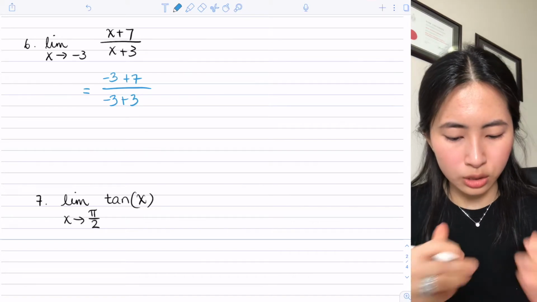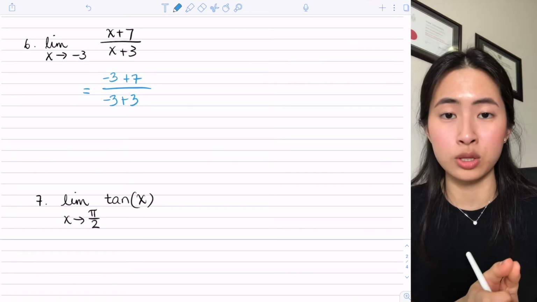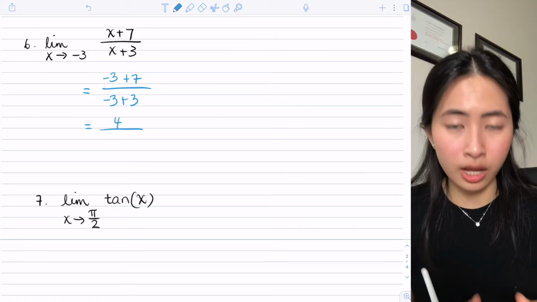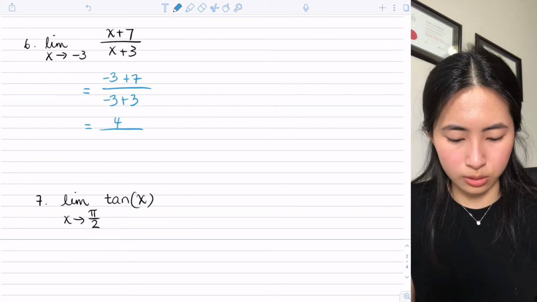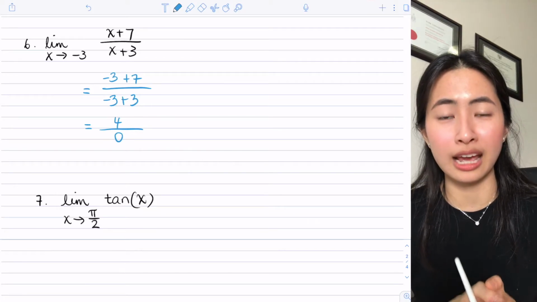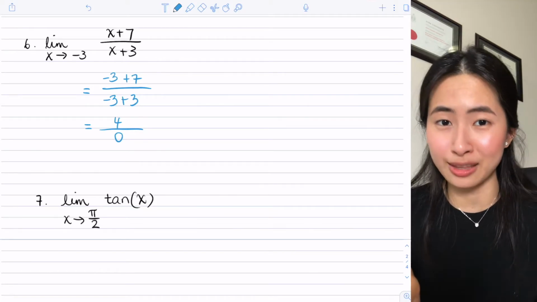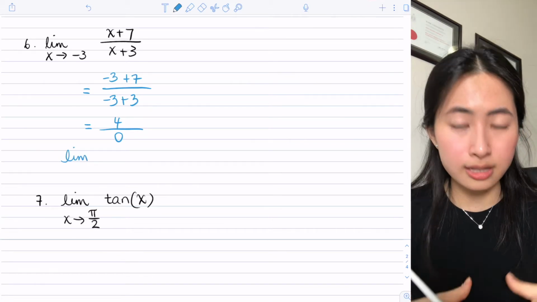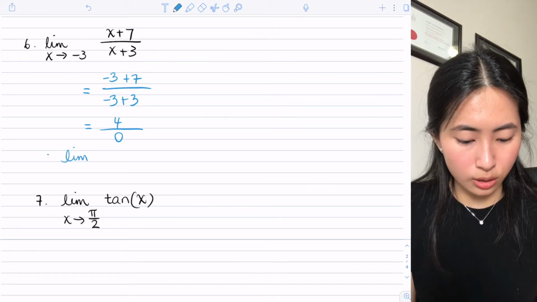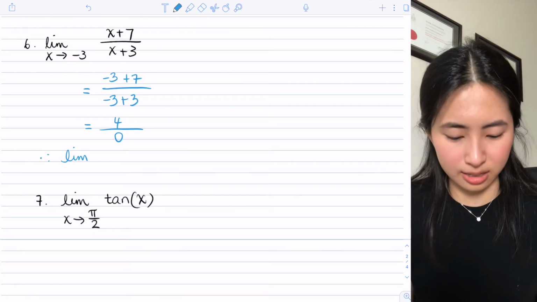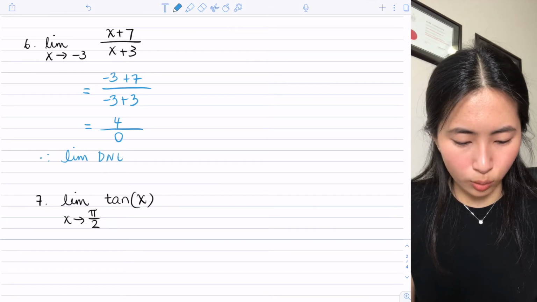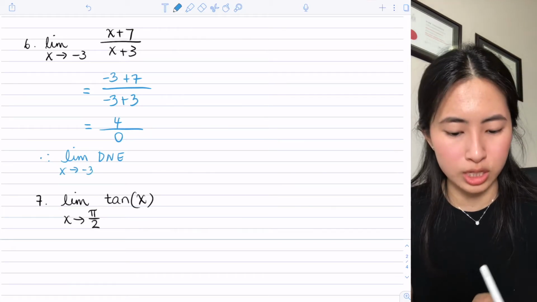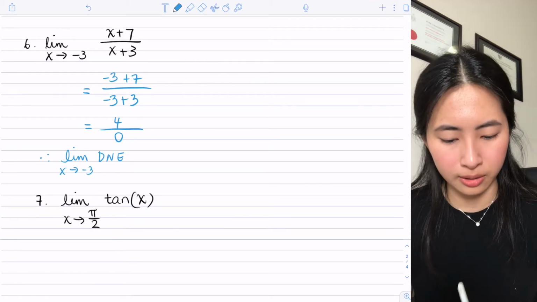In your numerator, negative 3 plus 7 gives you 4, but your denominator would result to 0. So this is 4 over 0, and we know that any number divided by 0 is undefined. So in that case, your limit when x approaches negative 3 does not exist, when you have a rational function which is x plus 7 over x plus 3.